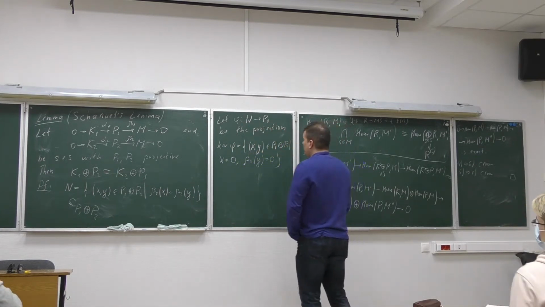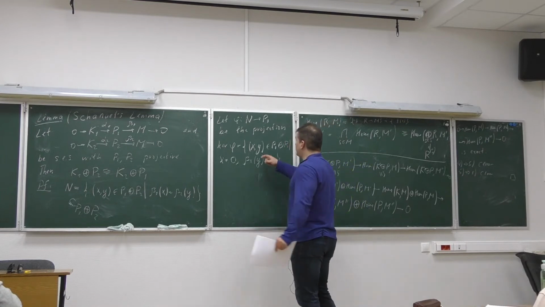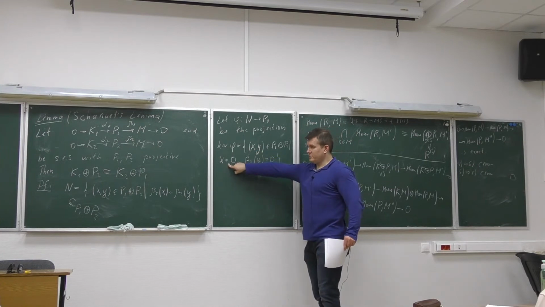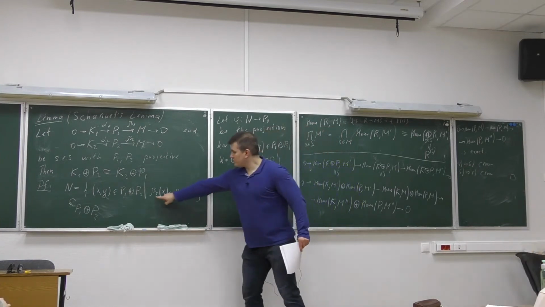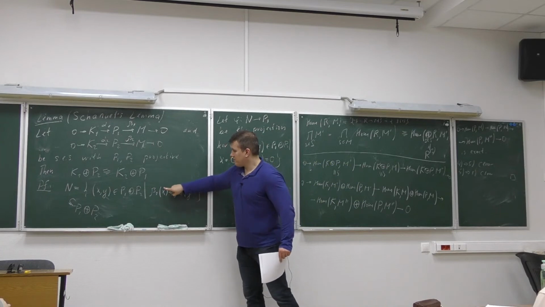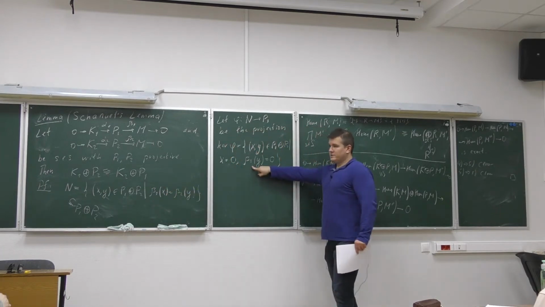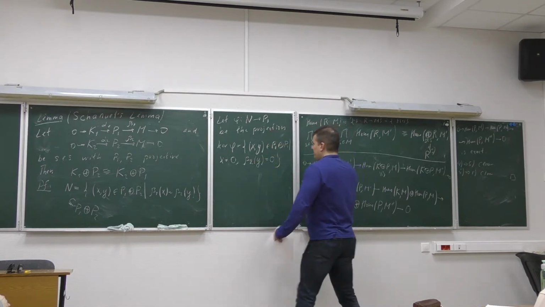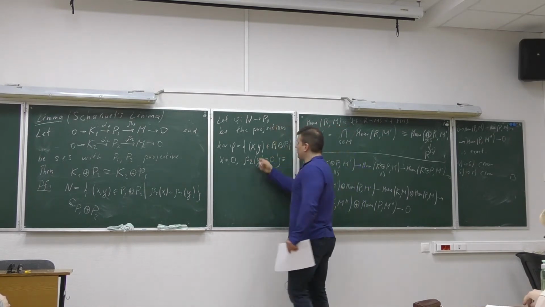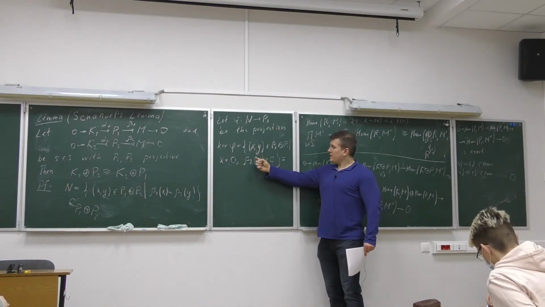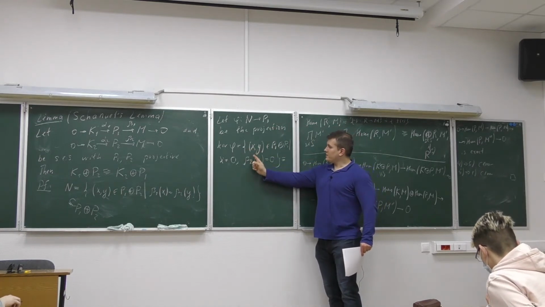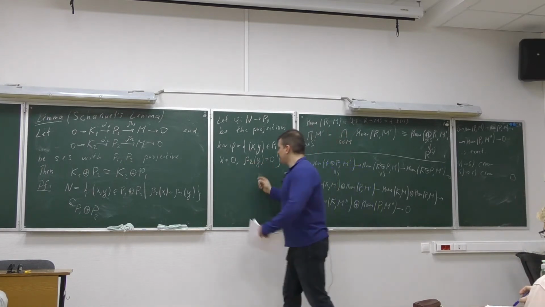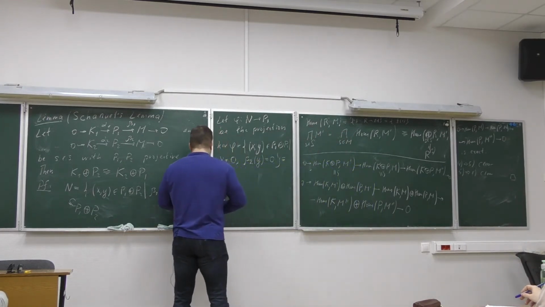Right, so we're trying to compute the kernel when you project on the first argument, so it means that you want to consider elements where x is equal to 0. But now if you look at this condition, for x equal to 0 you get beta 2 of y is equal to 0. So this module, the kernel of phi, is isomorphic to all the y's such that beta 2 applied to y is 0.